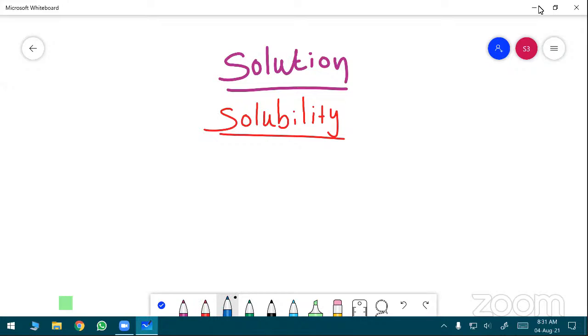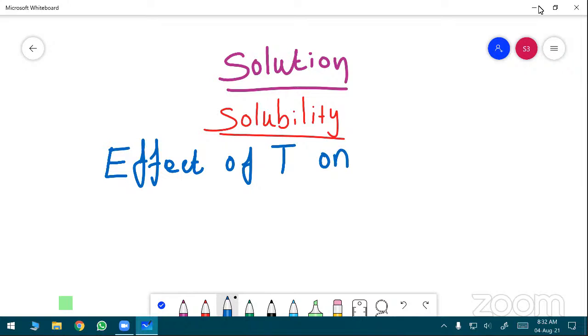Today we are going to see the effect of temperature on solubility. As you know very well, what is called solubility?